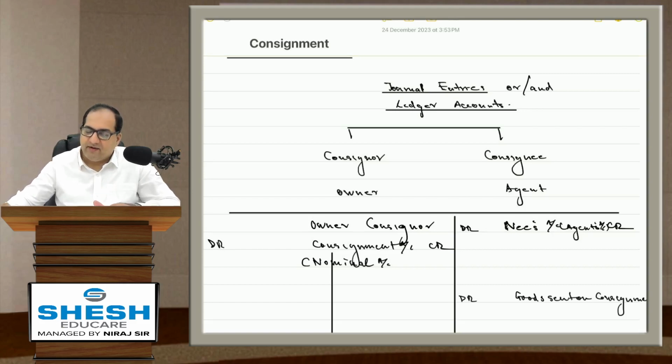If they specify that in the books of consignor prepare only consignment account and consignee's account, then there is no need to prepare the goods sent on consignment account. Or if they say prepare necessary accounts in the books of consignor, yes, you'll have to prepare consignment account, consignee's account, and goods sent on consignment account. All three accounts must appear.